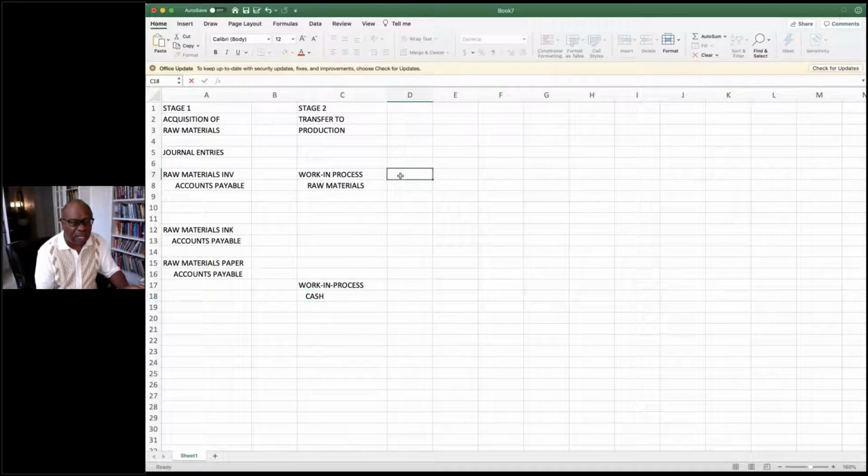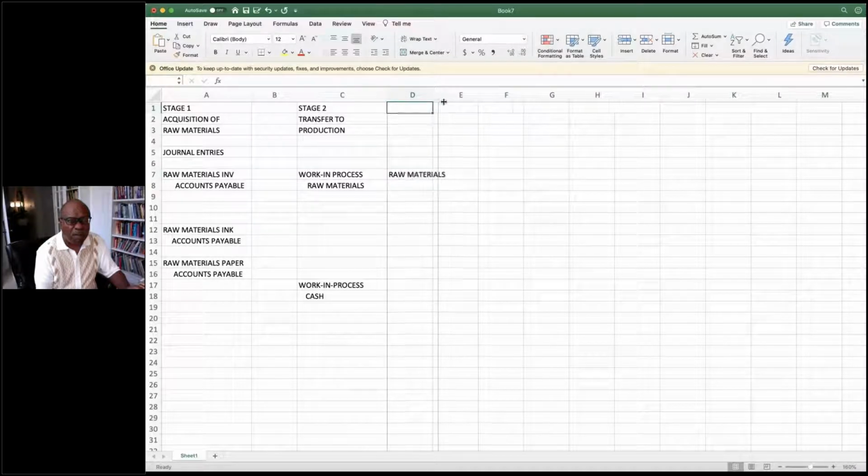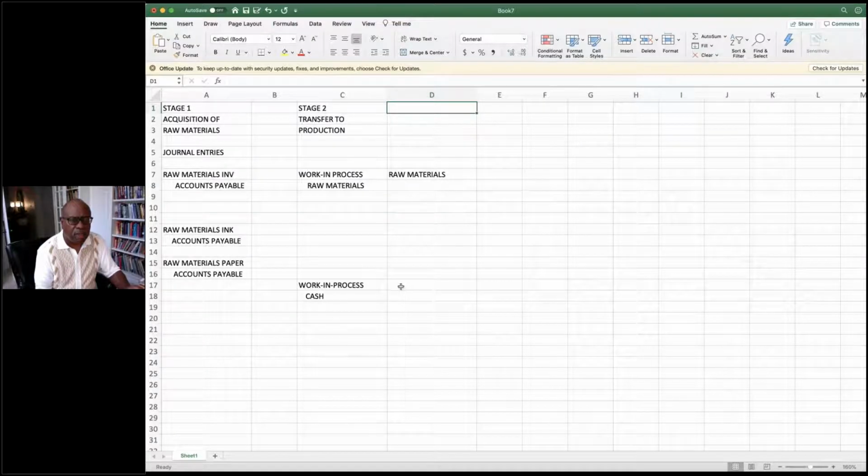The first transfer is the raw materials. The second transfer is going to be for the labor.